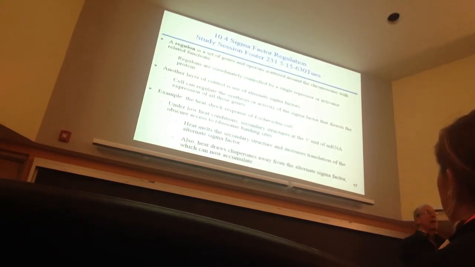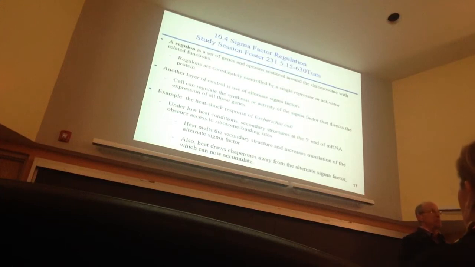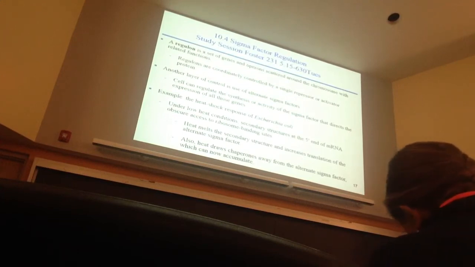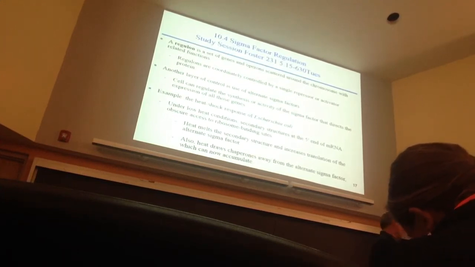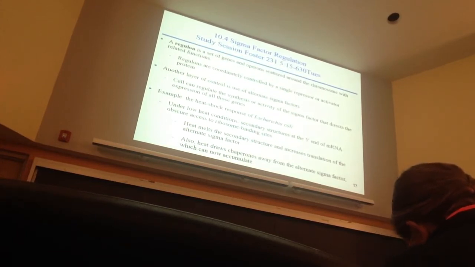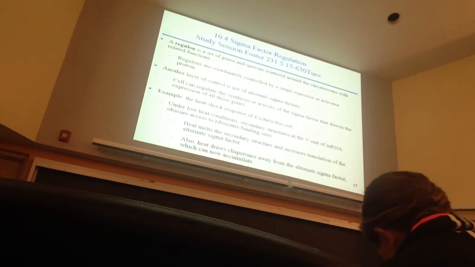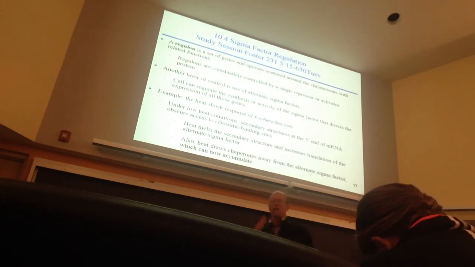So we've been talking about activator and repressor proteins, which are different from sigma factors. And we've talked about sigma factors, and we're bringing them back up again because it's another type of control. So these alternate sigma factors. And the example that we're talking about is in a heat shock response, which really represents a lot of stress.